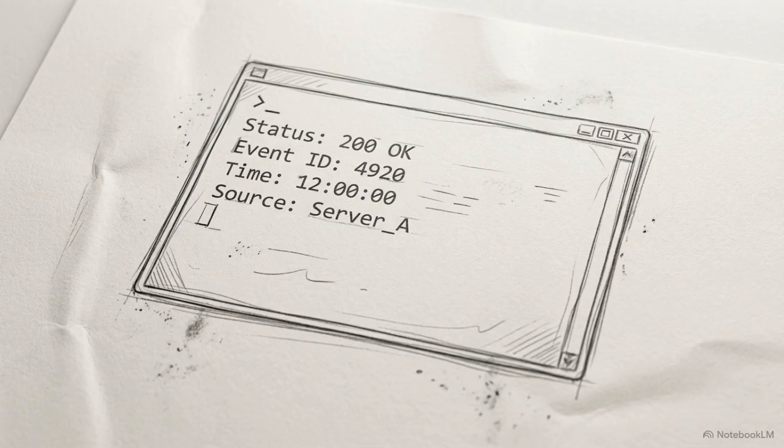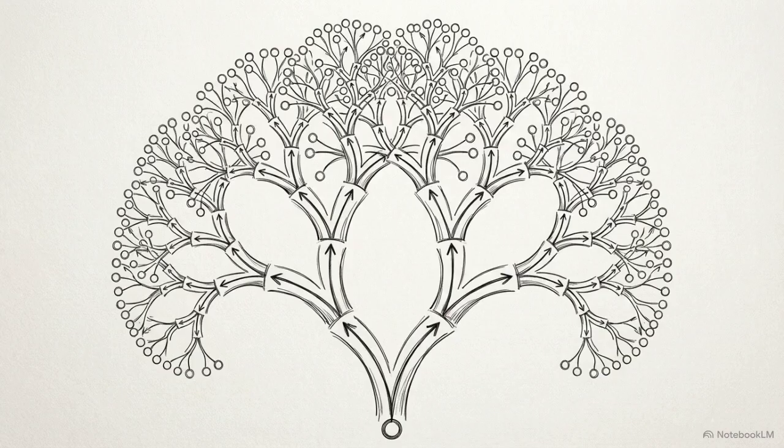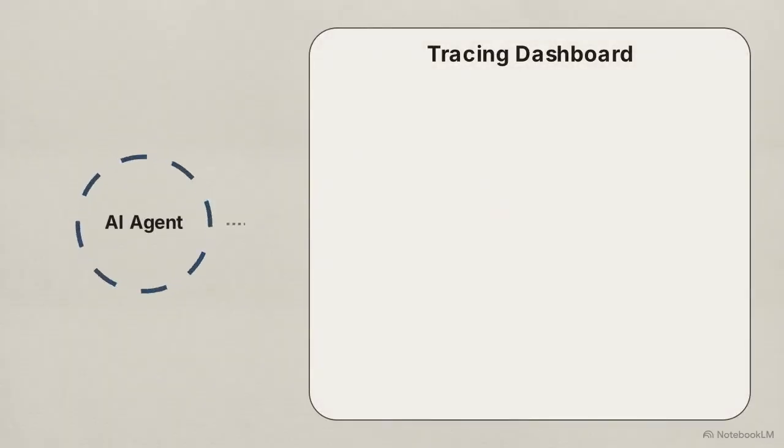Standard application logs that record when a user clicked a button or logged in provide zero visibility into why an LLM made a specific decision. To debug non-deterministic behavior, basic logging is replaced by deep observability and tracing frameworks. On the diagram, you can see telemetry lines capturing data from the agent and feeding it into a tracing dashboard.